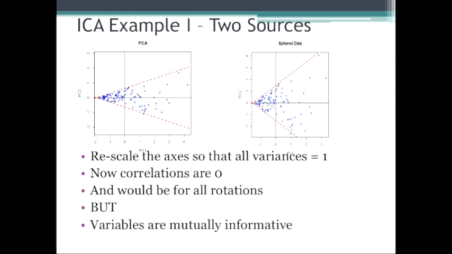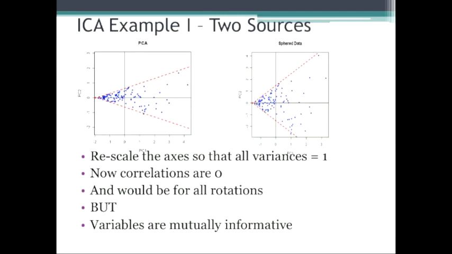So you couldn't do anything with principal components analysis, but you notice something: these variables, even though they're uncorrelated, are mutually informative. That is, if we know that variable 1 is less than 0, we know that variable 2 is very close to 0. If we know that variable 1 is positive, then we know that variable 2 is typically quite far from 0. So they're not independent. That is, one gives you some information about the other, even though they're not correlated.